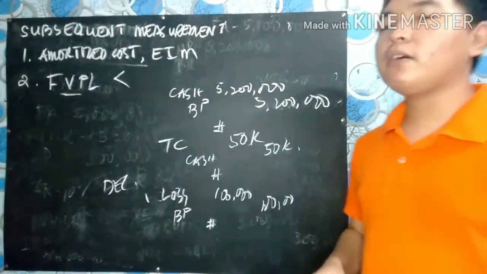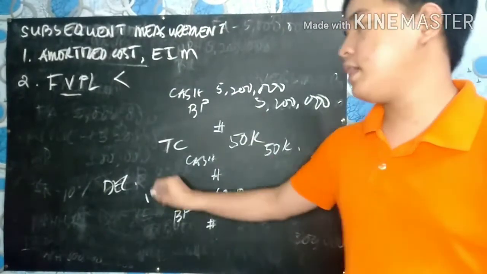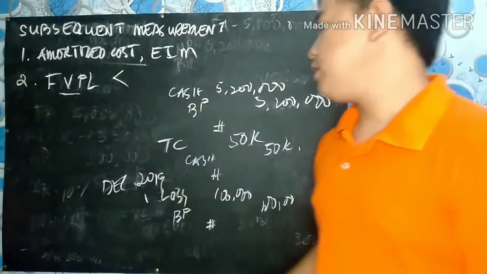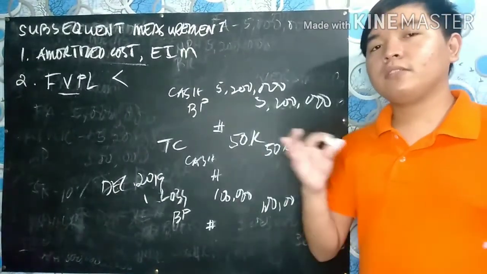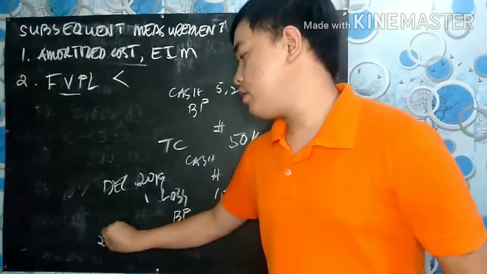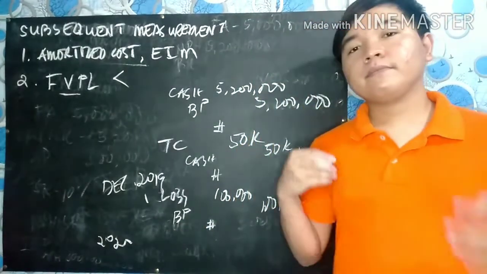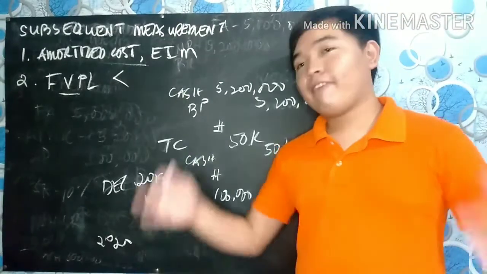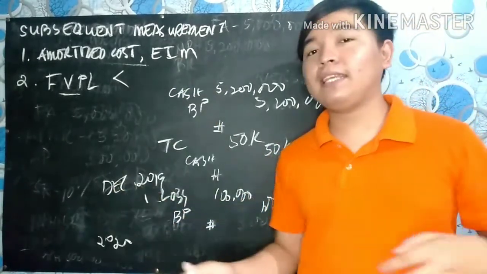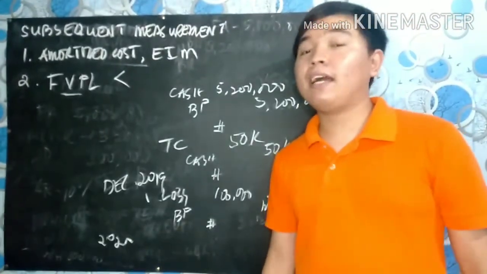Okay? How about next year? Let's say ito, 2019 ito, naging 5,300,000. So, ito yung magiging entry. How about next year, 2020 December, naging 5,100,000 na lang. From 5,300,000 noong December 2019, naging 5,100,000 na lang noong 2020.